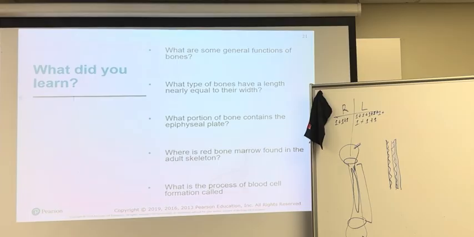What is the name of the hormone? Osteocalcin. Very good. And what are the minerals they store? Calcium, phosphorus, right? Okay. What else? Fat storage. Did you tell me fat storage?